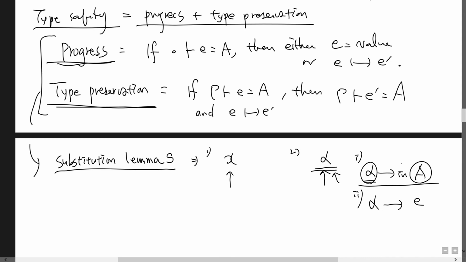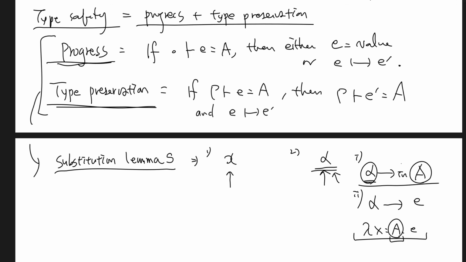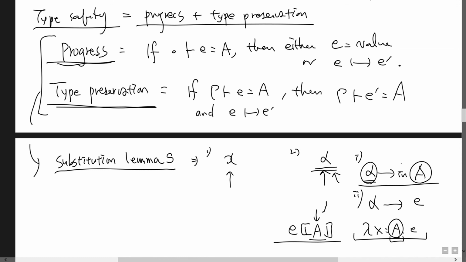For instance, we might have lambda x A dot E. This is an expression, and this expression contains this type, and this type might have type variable alpha. Or we have this type application. This is an expression, but this is the type. So inside the type A, you might have type variable alpha.